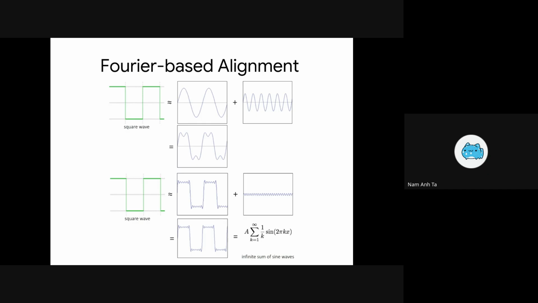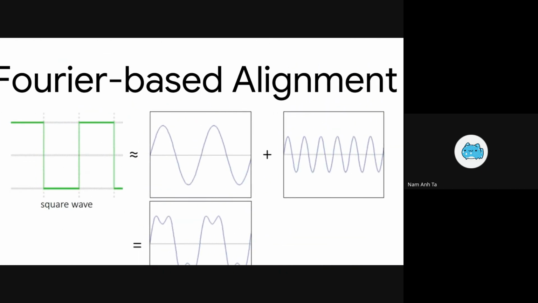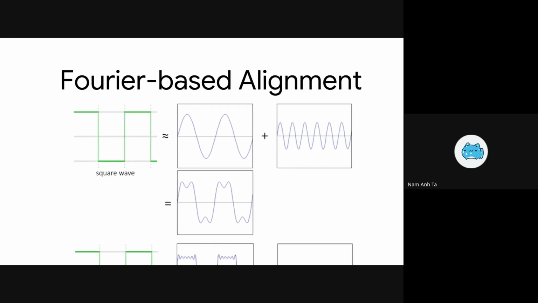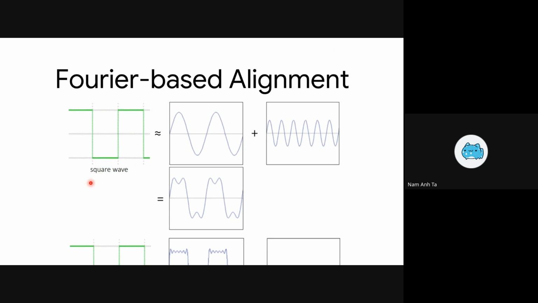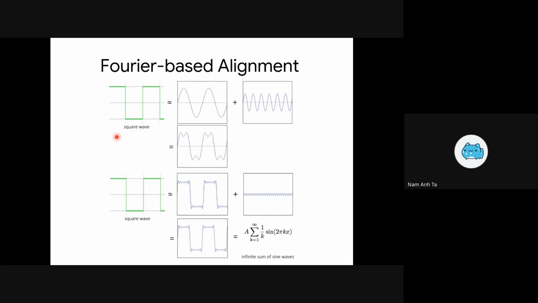Here you might have seen the Fourier series before. For example, this is a square wave, right? We can decompose this into multiple sine waves, because by superimposing sine waves of different frequencies, we can approximate any waveform shape.